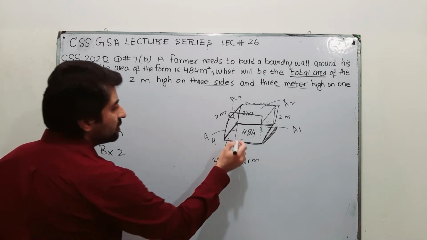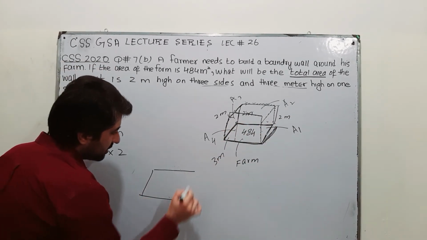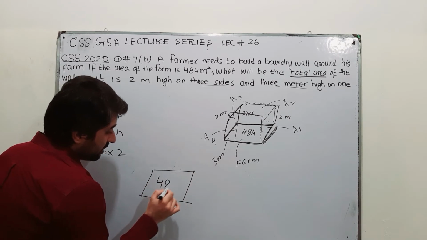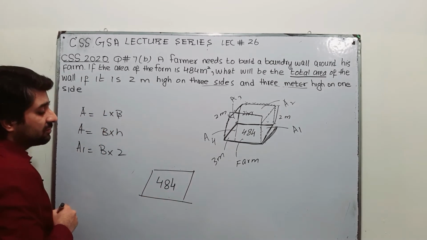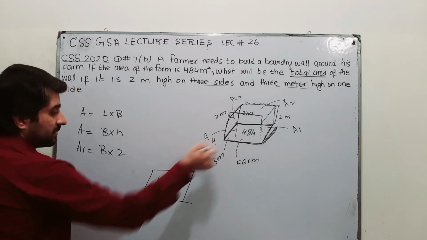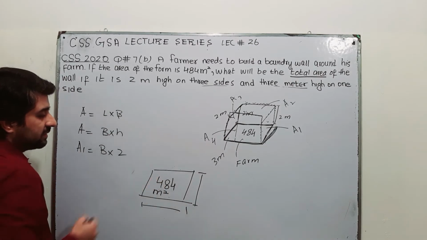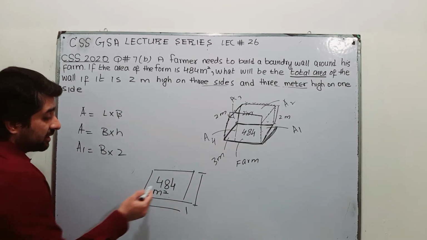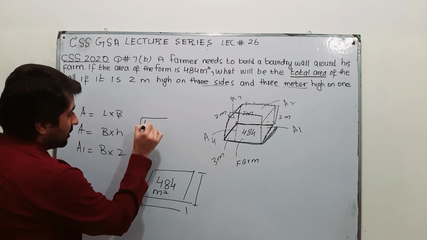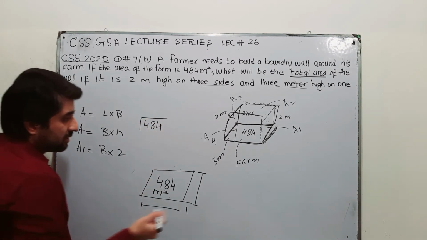So first of all you need to work on the base. They haven't told us its dimensions, but they have told us that its area is 484 meters square. Now you can find the dimensions of this base by taking the square root of 484.